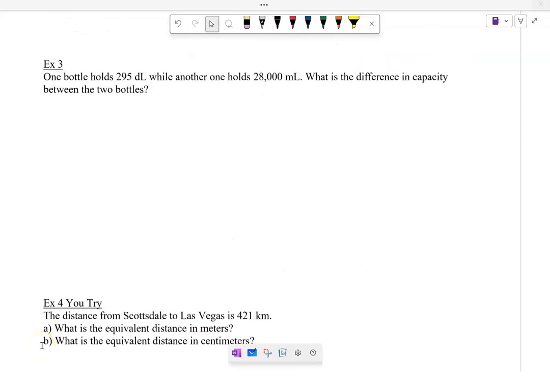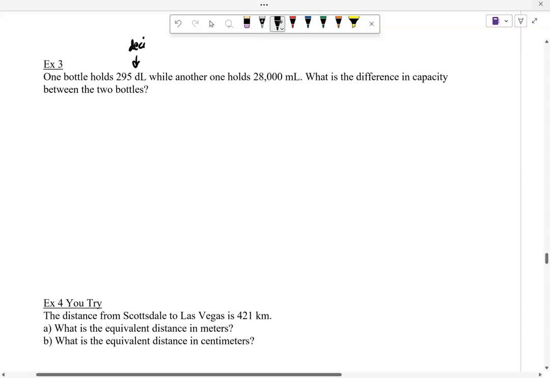All right, this next one we got a deciliter. Looks like we got a bottle that holds 295 deciliters, and then another bottle holds 28,000 milliliters. What's the difference in capacity? Well, let's go back to our base unit, liters, and then we'll compare them in liters.